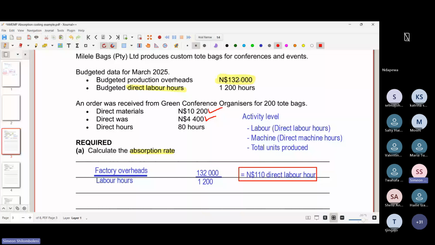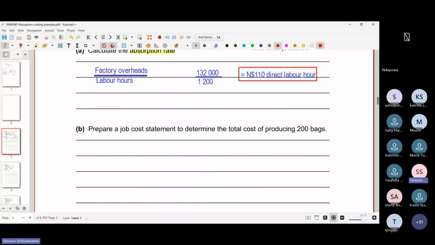Now we go to letter B. Letter B now says, prepare a job cost statement to determine the total cost of producing this. Now we are going to do the job cost statement.